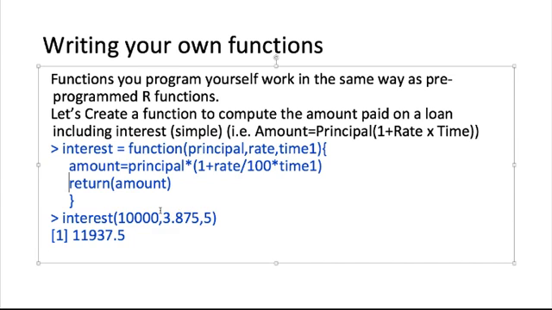It's got a value, and it's going to return back an amount based on the computation. So now all people have to do is to specify interest, and then the arguments will be supplied.